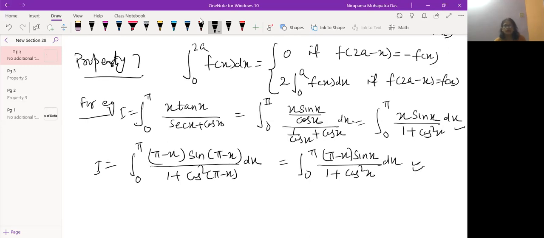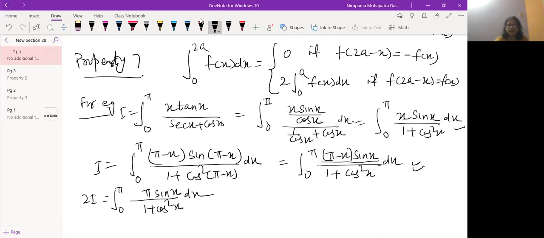Adding the two, we can have 2I equals integral 0 to pi. If you add this and this, in the denominator you have 1 plus cos square x. Now pi minus x times sin x plus x sin x, if we add them you will get pi sin x.